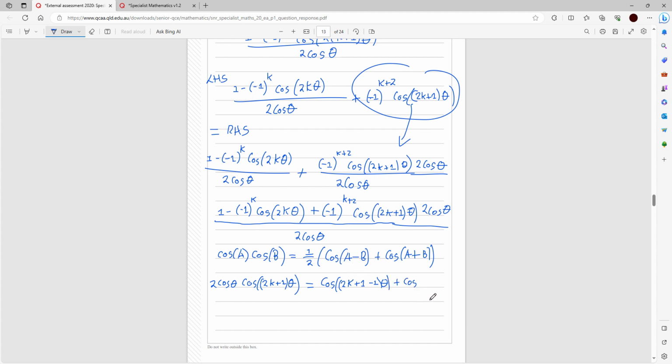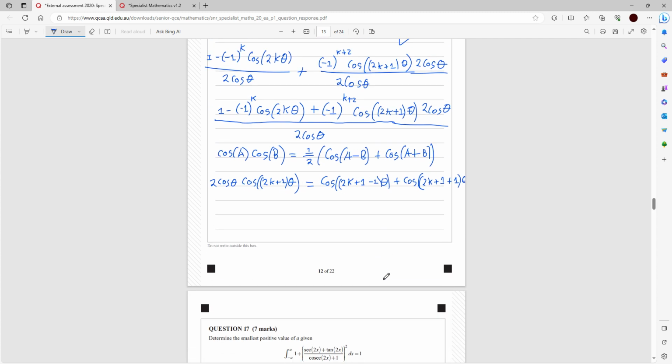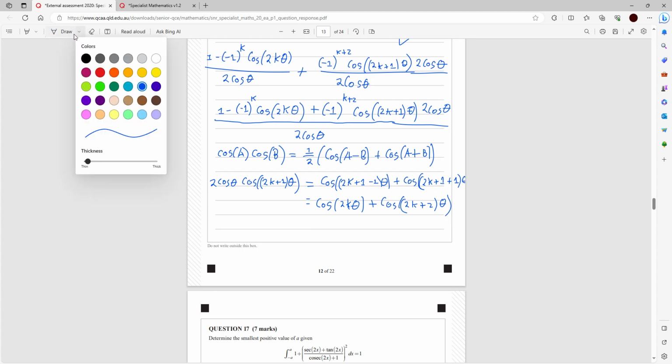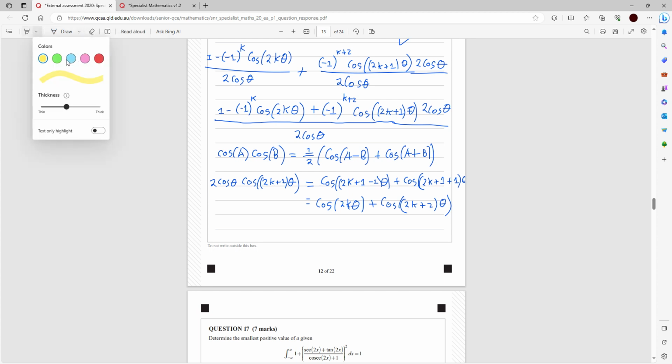Plus cos of 2k plus 1 times theta. So, simplifying this, we can write this as cos of 2k theta plus cos of 2k plus 2 times theta. Okay? So, I can replace pretty much, where's a highlighter? I think this will be a good highlighter. So I can replace this bit here.